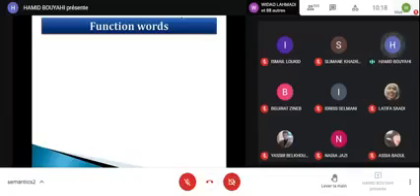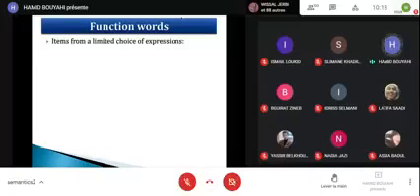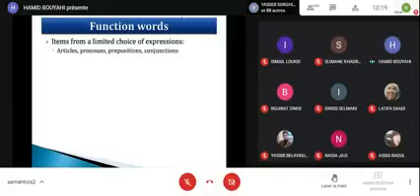Now we'll talk about function words. The first one: items from a limited choice of expressions, as we have said before. It's not as unlimited as content words. So we have articles, pronouns, prepositions, conjunctions. These are limited lists. When we say a verb, you can say anything, and it is still a verb.